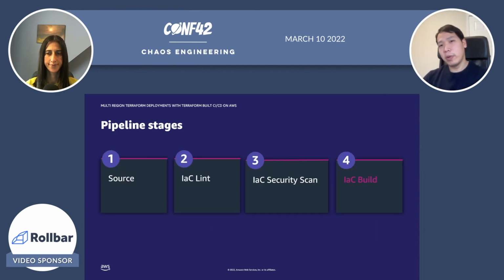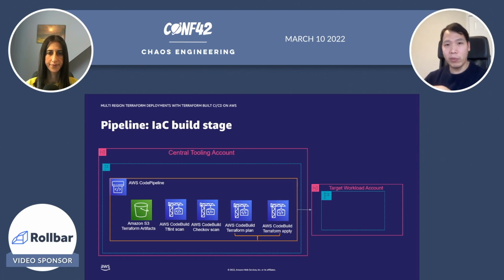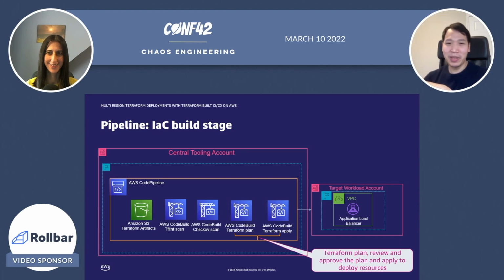So next, we want to take a look at how the Terraform actually gets deployed to a target environment. You probably would guess it, it's Terraform plan and Terraform apply, right? The Terraform plan would generate a Terraform plan file that describes the changes that are going to happen on the target workload environment.